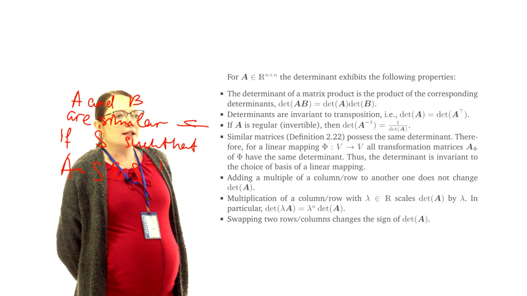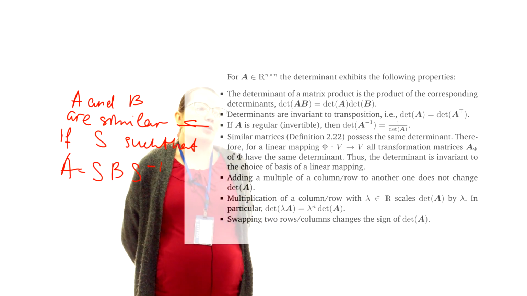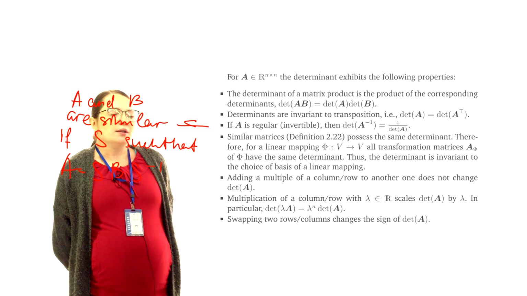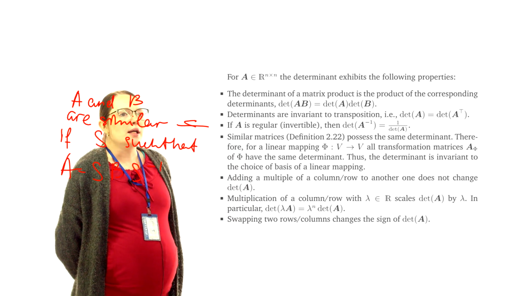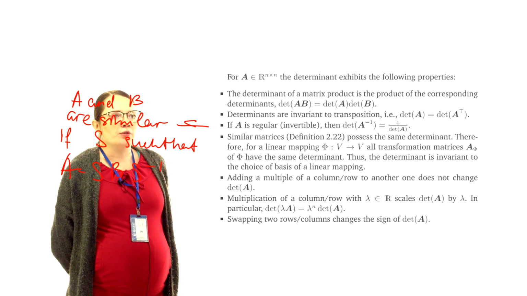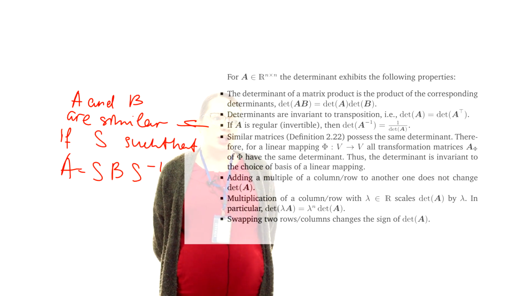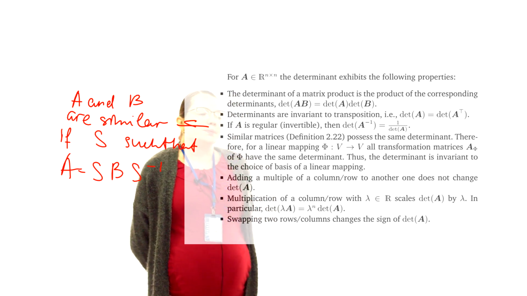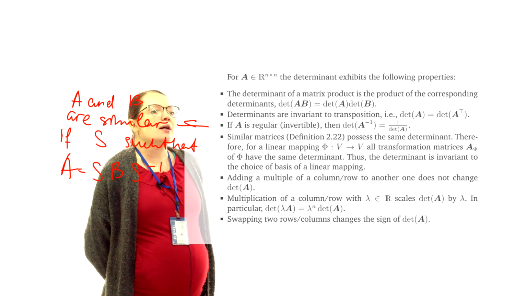And the next property is that adding a multiple of a column or row to another one doesn't change the determinant. This property may also be helpful in calculating the determinant of A. And multiplication of a column or row by some real number scales the original determinant by lambda.